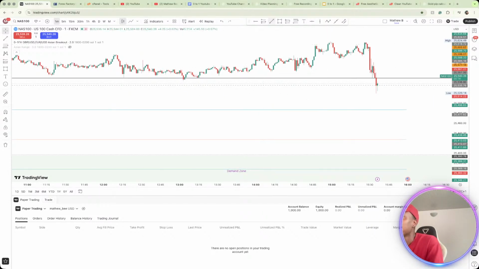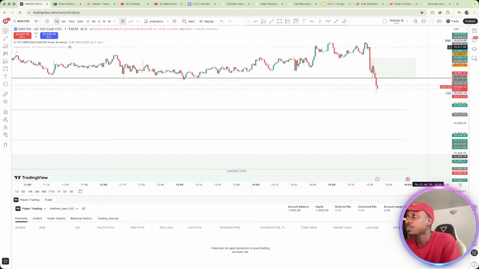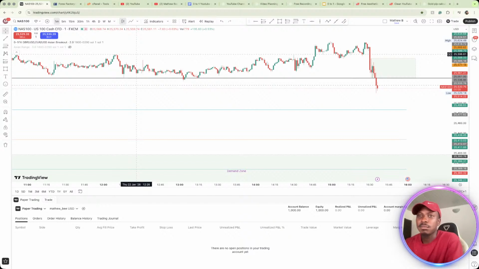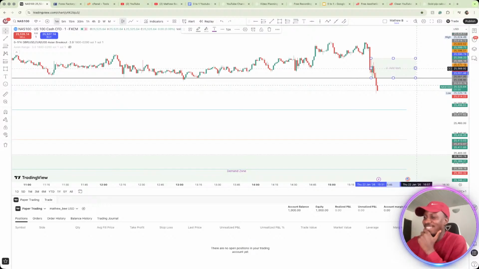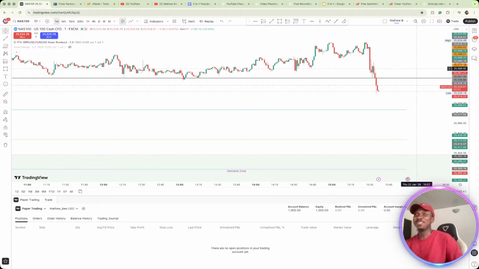If NASDAQ pulls back into this range, I can potentially see a sell, because I think NASDAQ can first sell into the demand zone. It's actually very risky to do that, but I think it's good. Let's see.